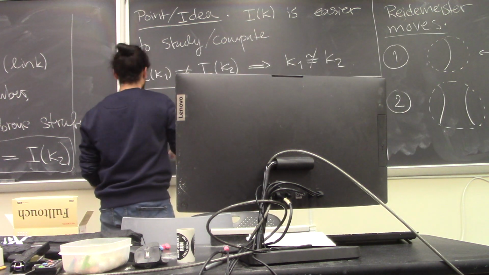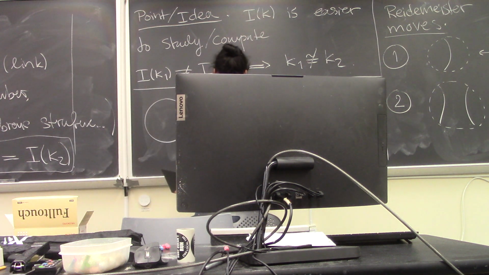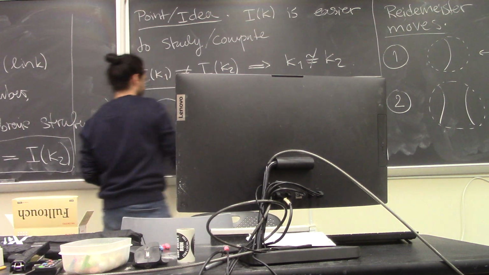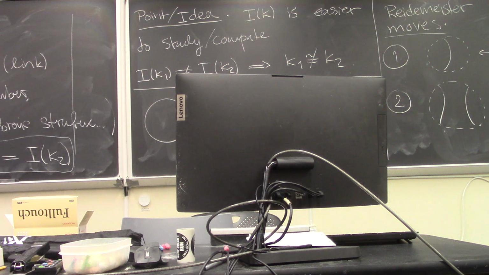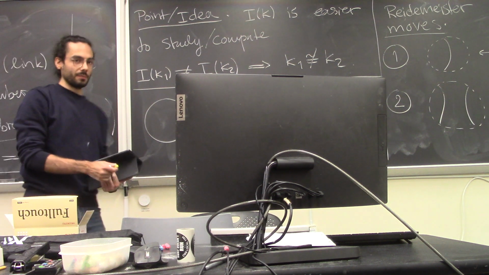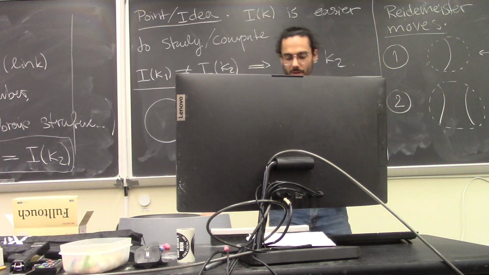I maybe should have said it in the beginning, but if I draw the unknot and the trefoil, I think you can look at them and realize that they should not be equivalent. But it's another question to actually prove they're not equivalent. We can prove that by using some simple invariant, and I'll tell you right now how we can do it.